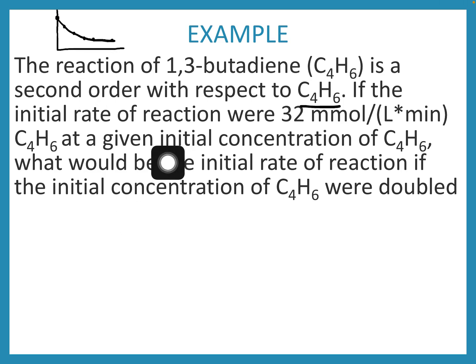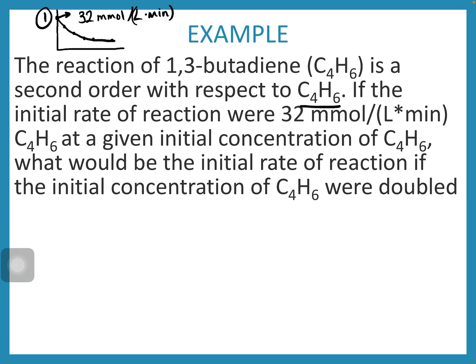So even though we see initial rate of reaction and initial concentration, and then again an initial rate of reaction and initial concentration, what this is talking about is for a particular reaction, so we'll call this that reaction, the rate at the very beginning, so remember if I draw a tangent line to that point, the rate at that point is 32 millimoles per liter per minute.